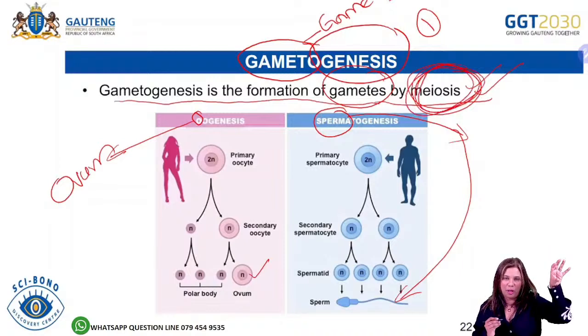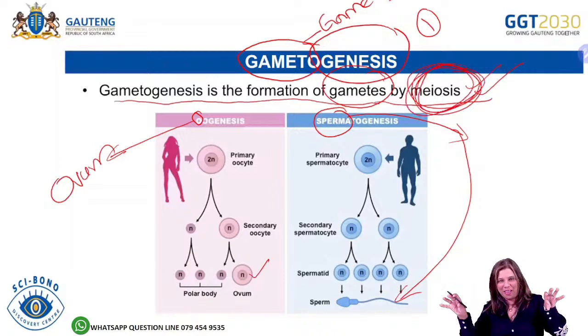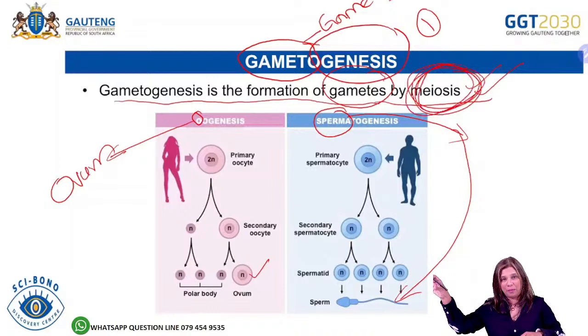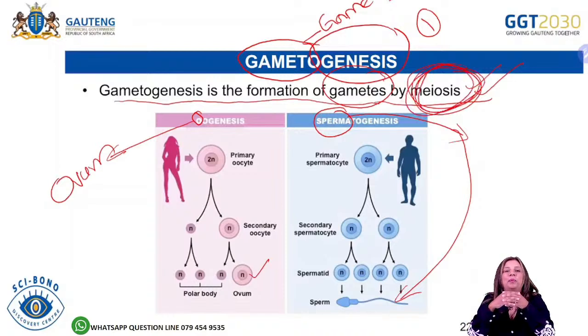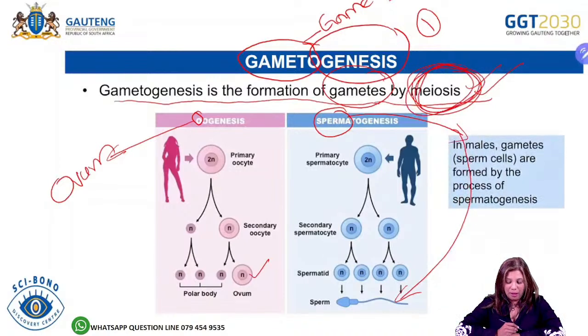So from diploid, it changes to haploid. If we have a haploid male gamete and a haploid female gamete and they fuse, they form a diploid zygote and procreation occurs. When this happens, a new organism comes into being. So that is gametogenesis in a nutshell.